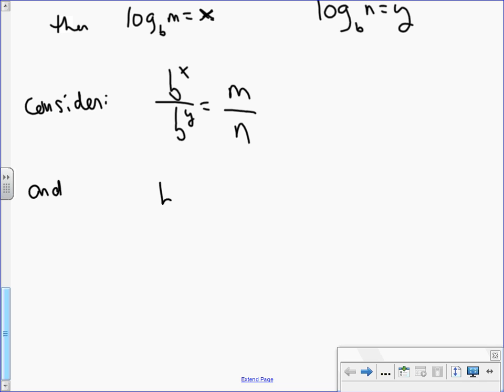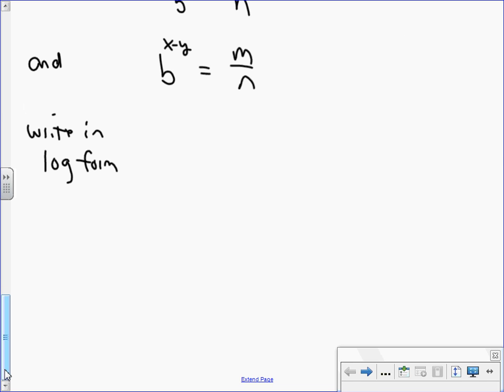And using the properties of exponents, when we have like bases that are being divided, b to the x divided by b to the y, what can I do to the exponents? Subtract them. Good question, Maggie? Okay. So I'm going to write that just a little bit simpler. And now I'm going to write in log form and see what happens when I transform from exponential form into log form.